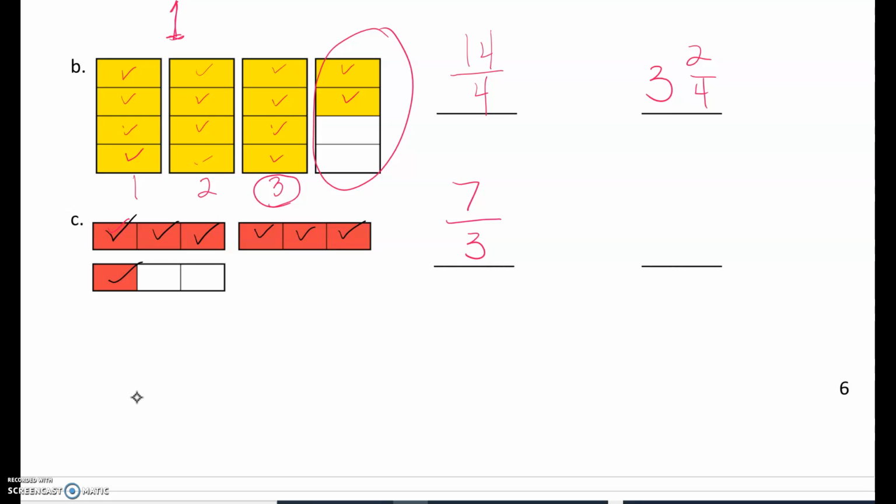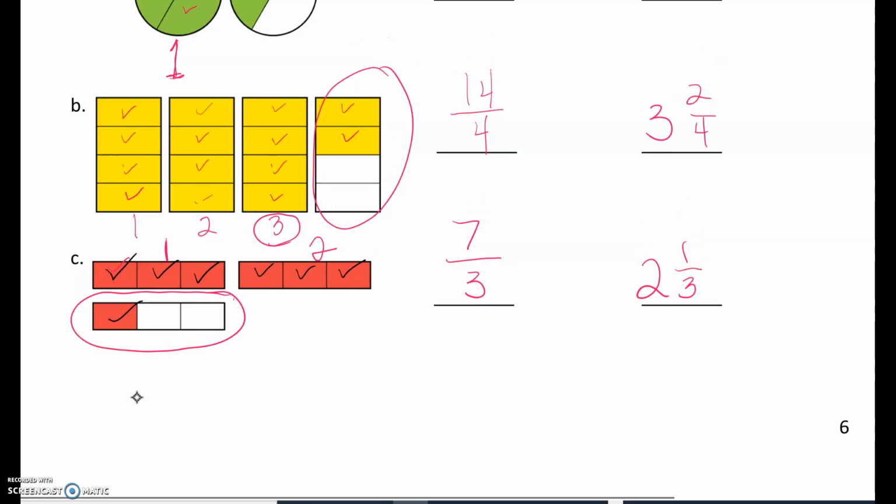Now, how many wholes are there? Well, there's 1 whole here and 2 wholes here. So those are 2 whole. That's my whole number. And when I look at this last one, I only have 1 out of 3 shaded. Okay, let's keep going.